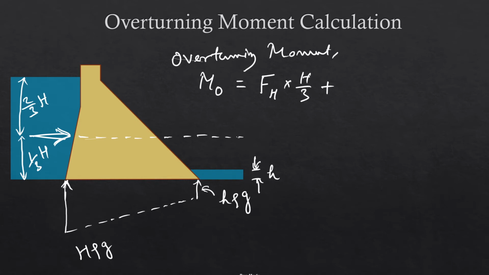So if you want, you can find out the total force by taking the area of this diagram, this trapezium, or you can also divide this into a triangle and rectangle. So this part is the rectangular part and this part is the triangular part.